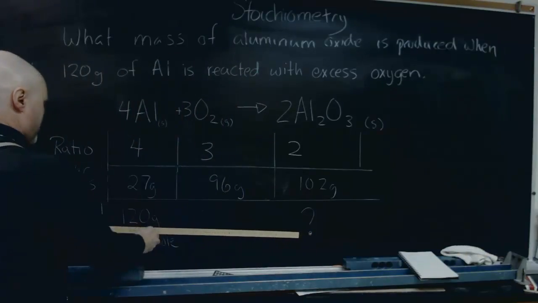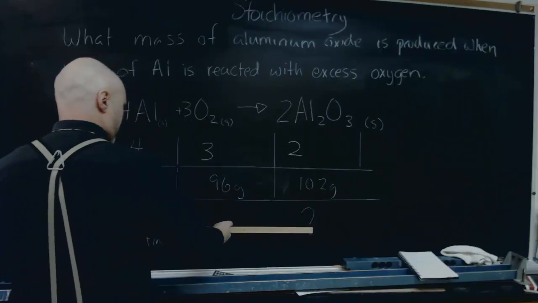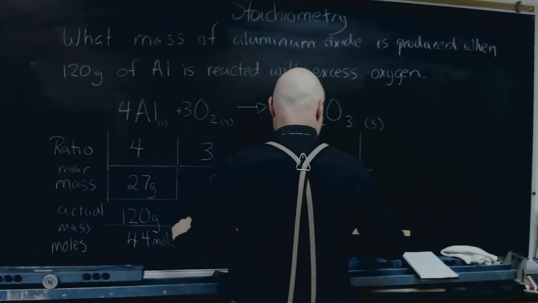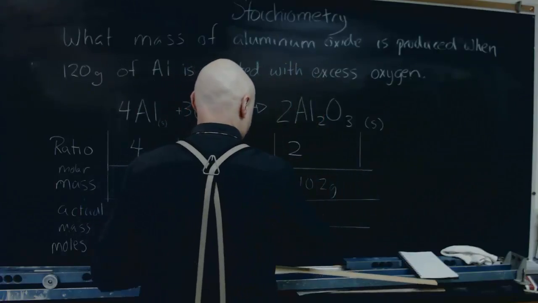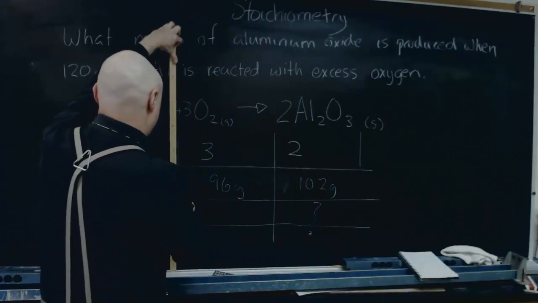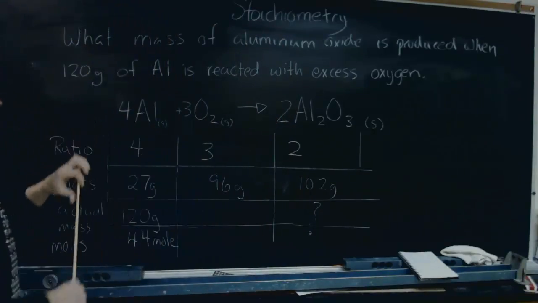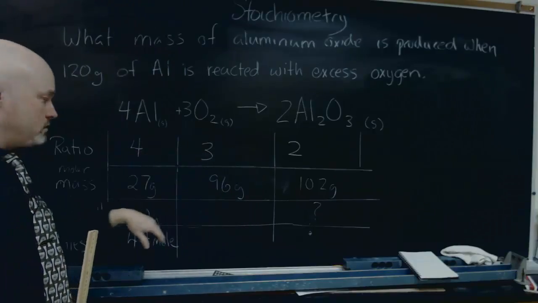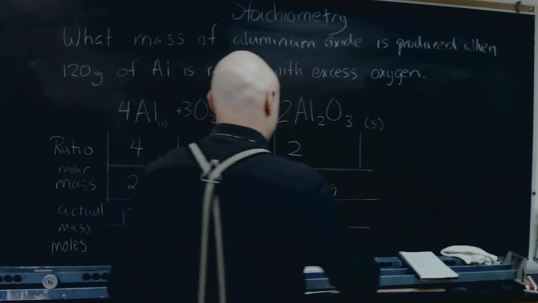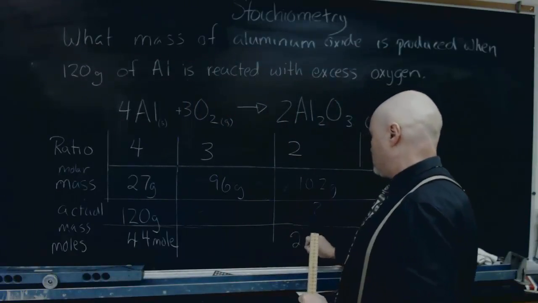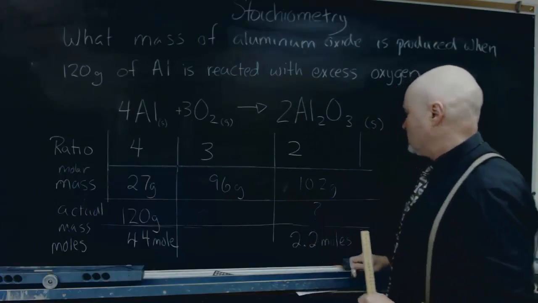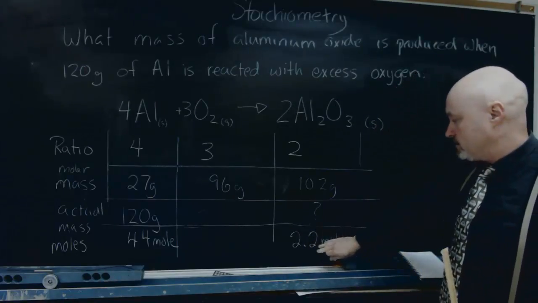So I'm down in the bottom row of my table now. I figured out I have 4.44 moles of aluminum. Ho ho! Things are really getting crazy on my table. My ratio is 4 to 2 or 2 to 1, and so I'm going to have 2.2 moles of aluminum oxide.